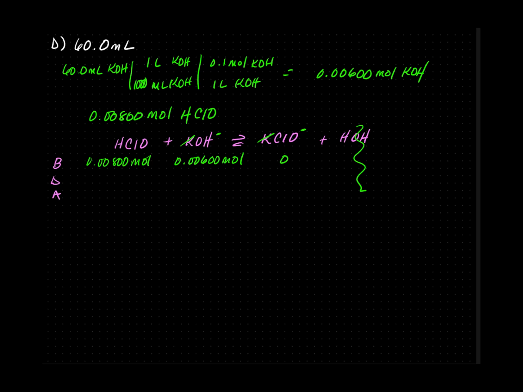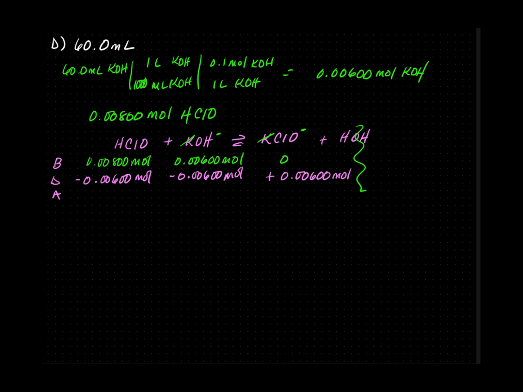Our limit is the OH minus ion, so we're going to subtract on the reactant side, minus 0.00600 moles, and we're going to add on the opposite side, plus 0.00600 moles, because on the product side, it's going to appear.